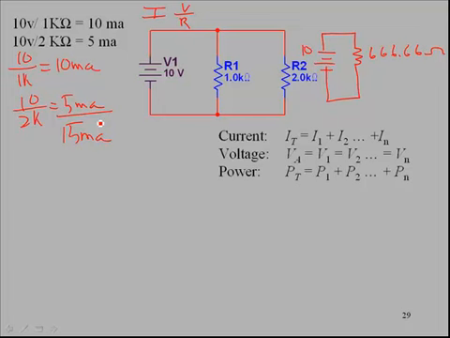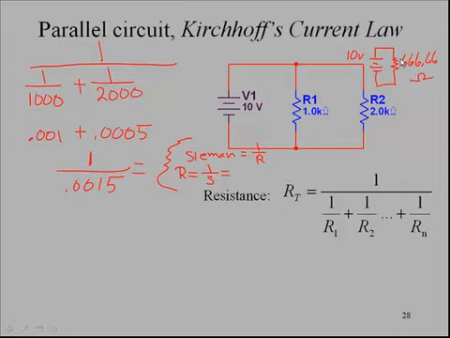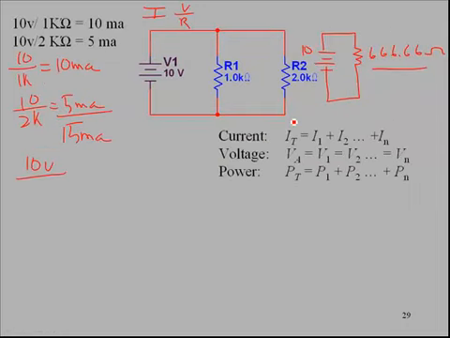Another way to have done that, and this would have involved the calculator, is to remember we calculated the total resistance. So we could have said 10 volts divided by 666 ohms should yield 15 milliamps as well.